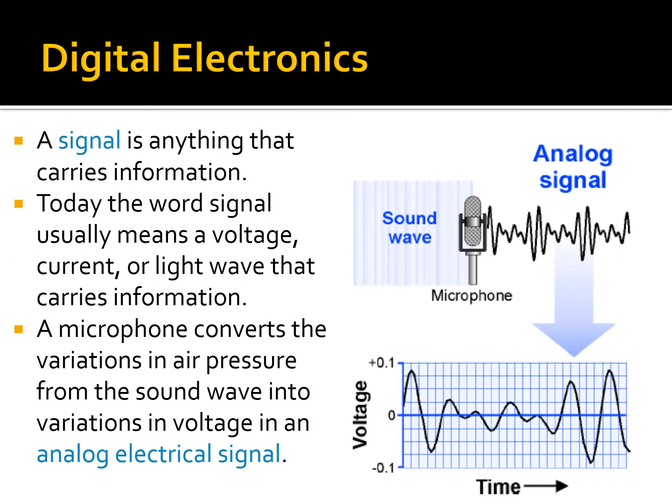Here's an example of a microphone. I'm using one right now to record this. It is taking the wave that is my voice, the sound wave, and converting it into an analog signal. And then there is a converter inside my computer, which takes that analog signal and makes it into a digital signal.